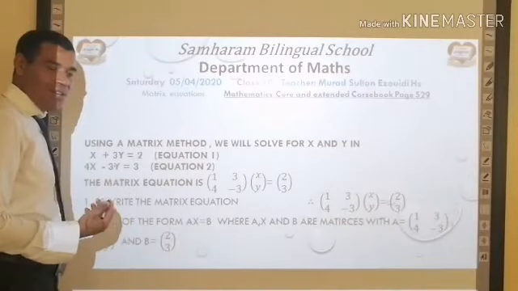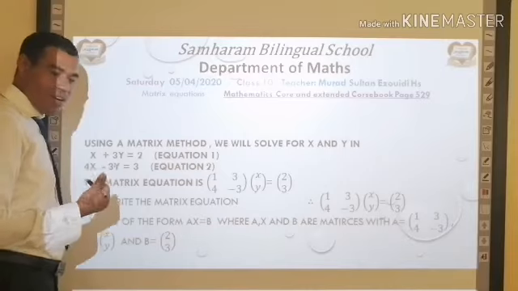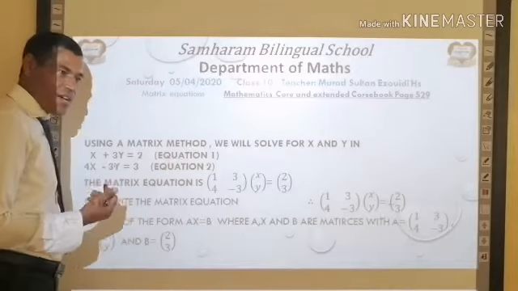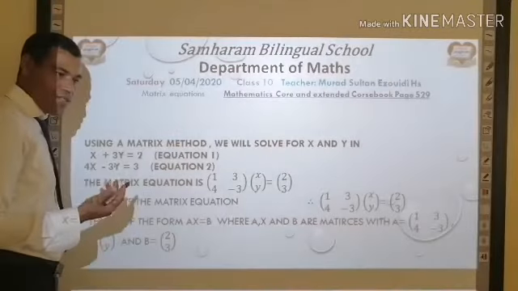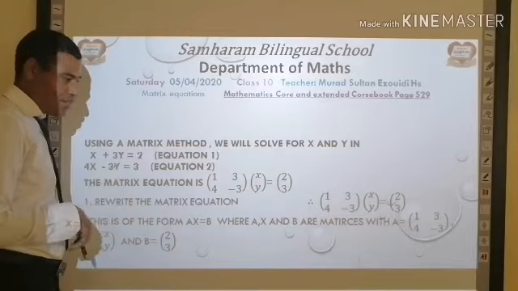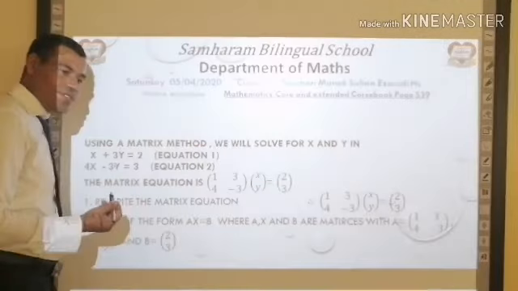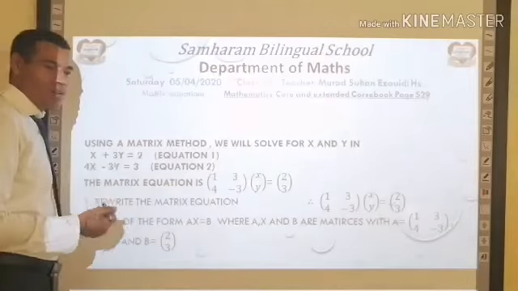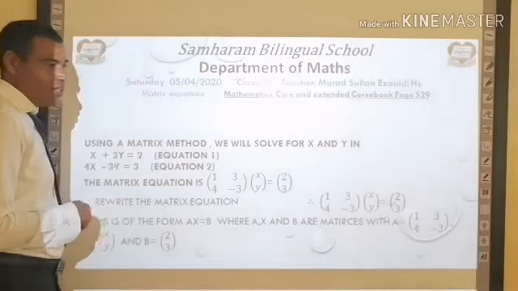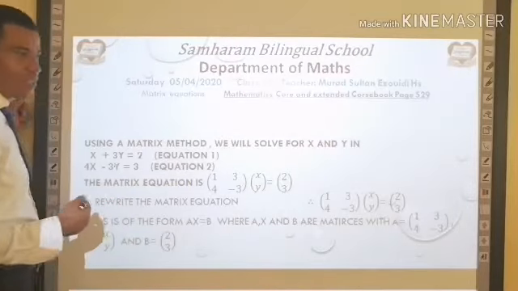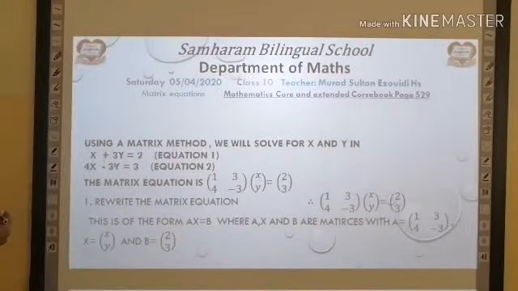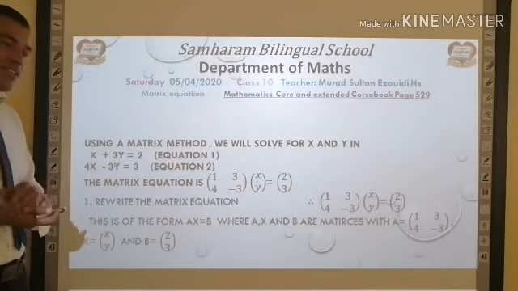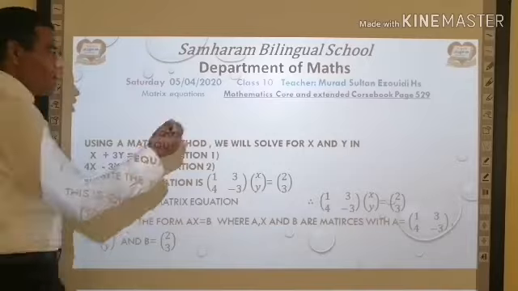Meaning that you will use the method of elimination to write an equation in terms of only one variable, or to substitute and write equation 1 or equation 2 in terms of y or x, with one variable. You already know how to solve simultaneous equations using what?